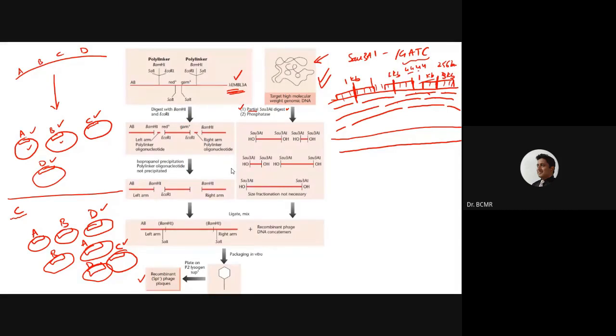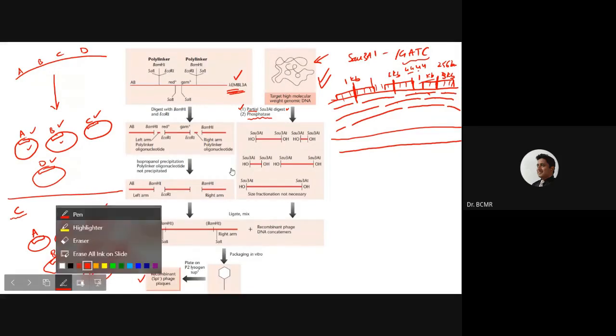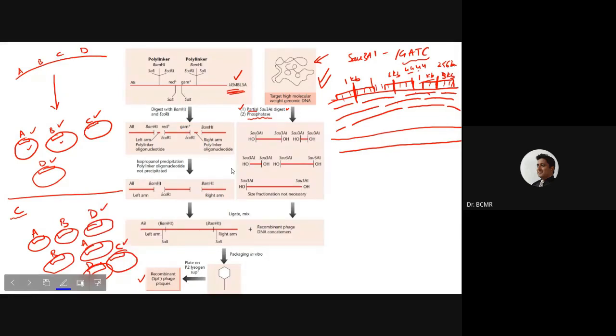And then we are treating with phosphatase. I hope you remember that we typically treat the vector with phosphatase, because we want to avoid religation. In this particular aspect of genomic library, we want to prevent any ligation between 2 fragments like this.